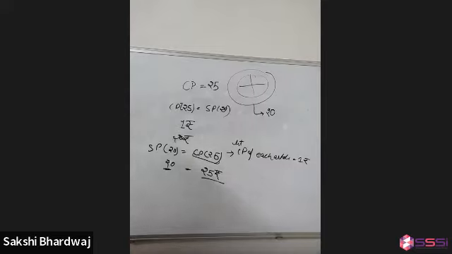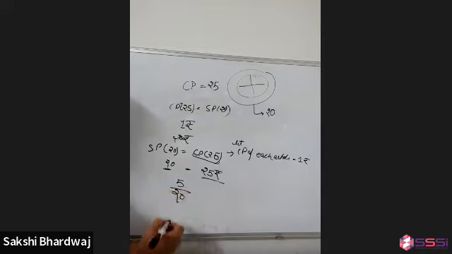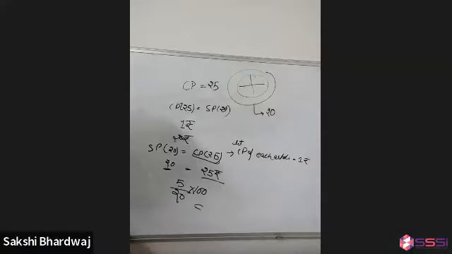So there is a difference of 5, there is a gain. Gain is 5 upon 20 multiplied by 100, into percent. So 5 upon 20 into 100 gives 25%.